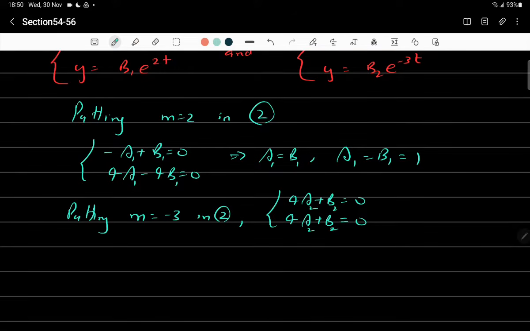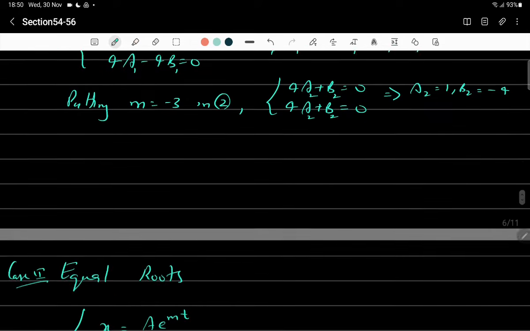So they are a2, b2 just for the distinction. And now you can again choose any value. Let's say if you choose a2 to be 1, then b2 is minus 4.